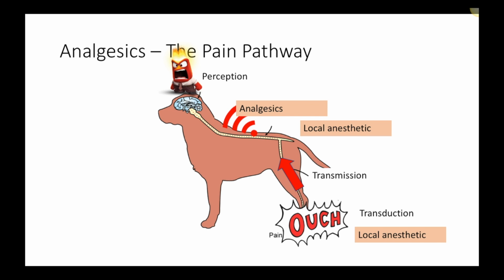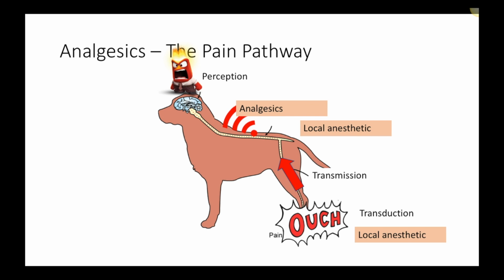Before that surgery starts, we can use local anesthetic on the spay incision site or in the testicles, depending on the surgery. Before inducing pain, that will block the pain pathway and the nociceptor will avoid depolarizing.